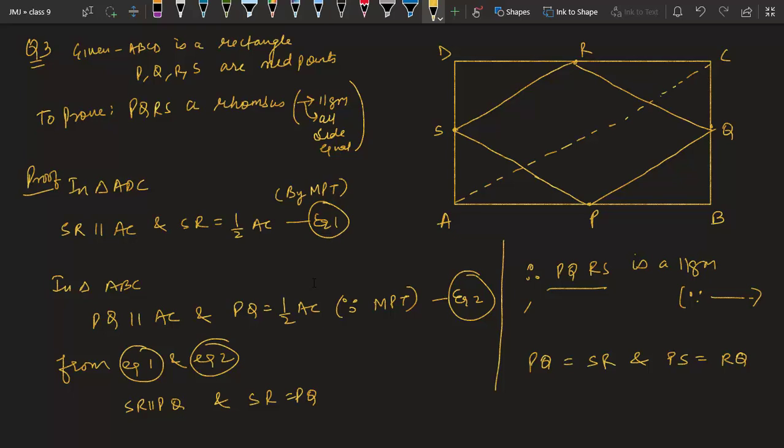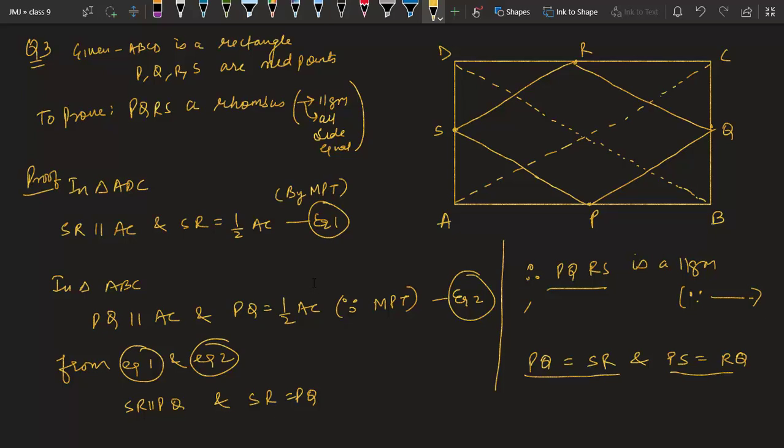We want to prove all sides equal. Now just join this diagonal, but this time it is not the same as the last question, because in a rectangle diagonals don't bisect at right angles as in a rhombus, but we have another property of rectangle that will help us. Before that, let's observe. We have PQ equal to SR, PS equal to RQ.